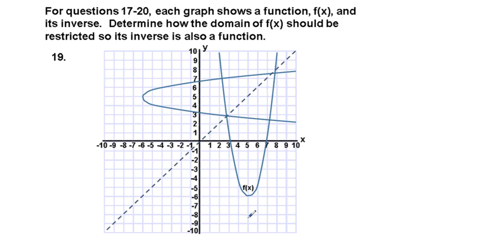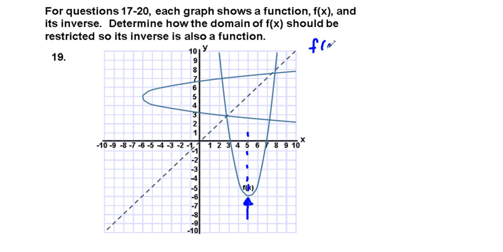Well, again, we look at the axis of symmetry at x equals 5. Describe how the domain of f of x should be restricted so its inverse is also a function. So very similar to problem 17.